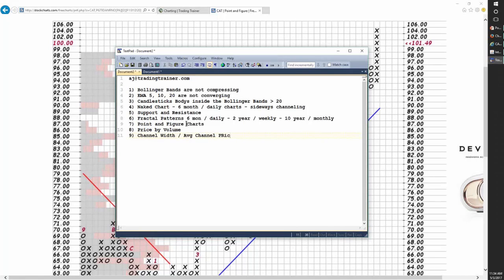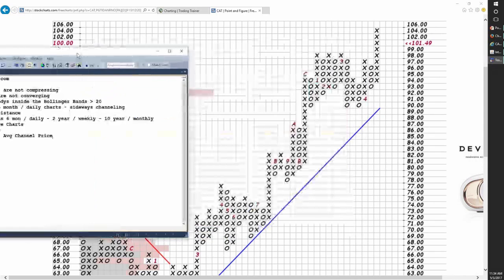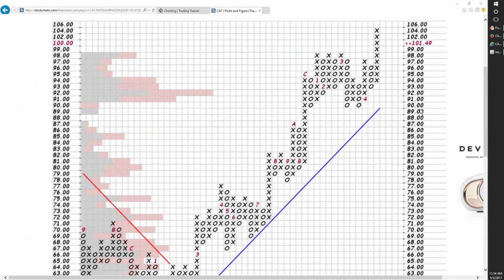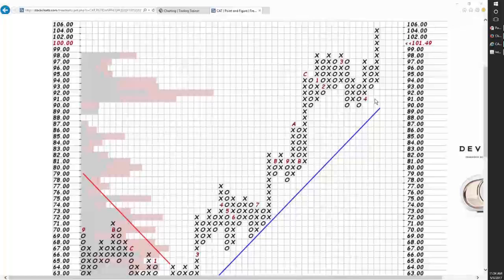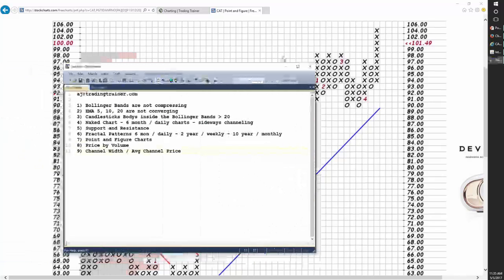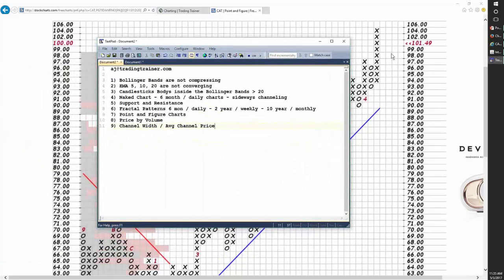Let me explain. So it looks like on Caterpillar, we found a channel most recently somewhere around this $91 zone, where we saw it tested a couple times, and the $98 zone, okay? So the channel width of this 91 to 98.